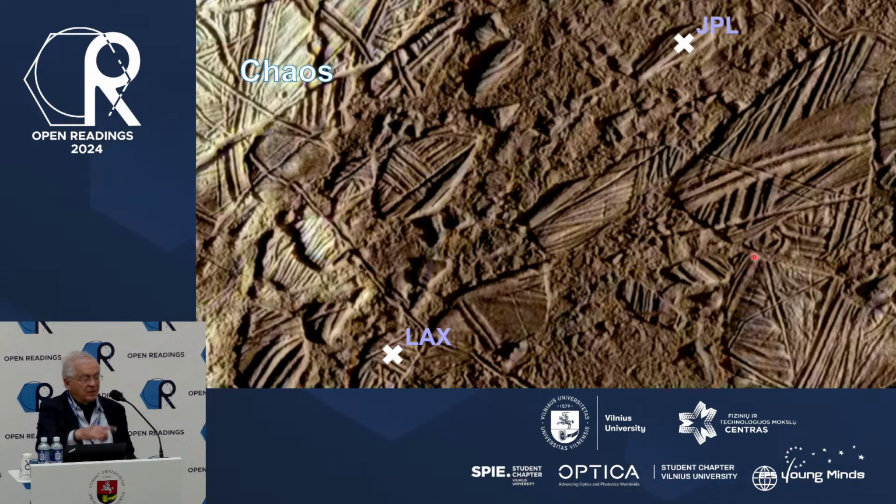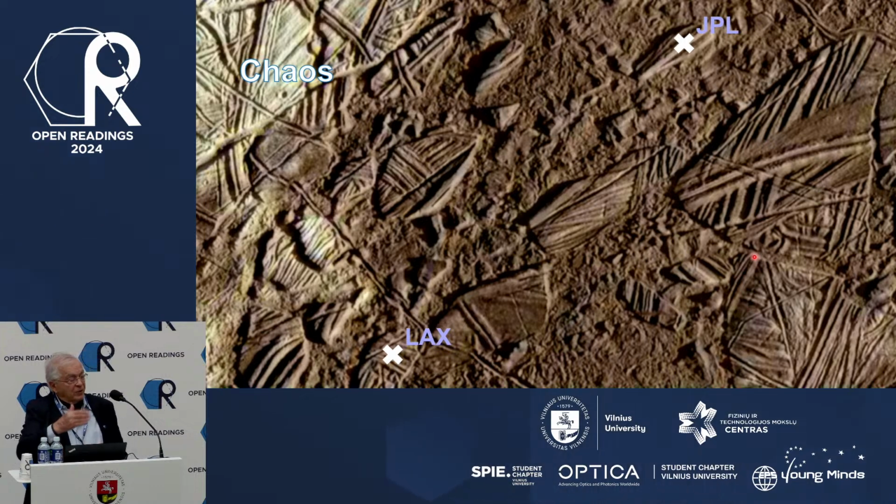As a reference for people who know the Los Angeles area, between the Los Angeles airport and where JPL is, that straight-line distance is maybe 30, 40 kilometers. So these ice floes are typically anywhere between a few kilometers to about 10 kilometers in size. Because they are so small, that's an indication that the ice thickness is not very large. Otherwise you wouldn't have these pieces of ice floating.